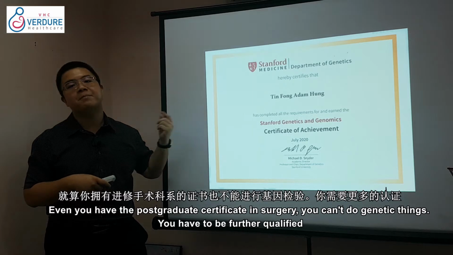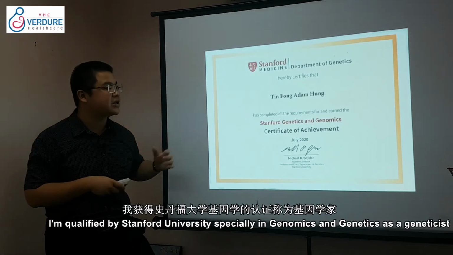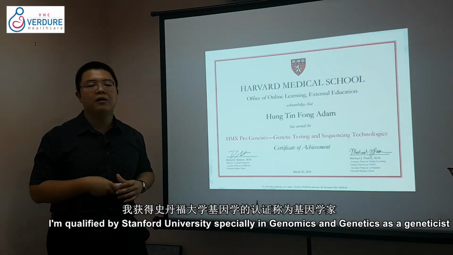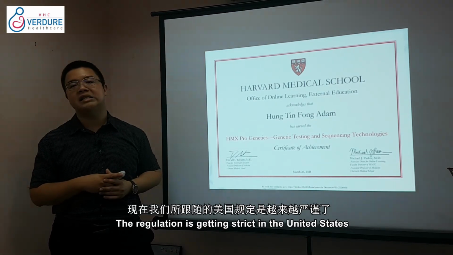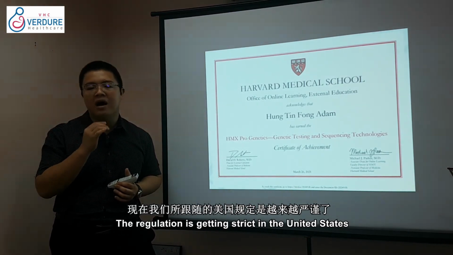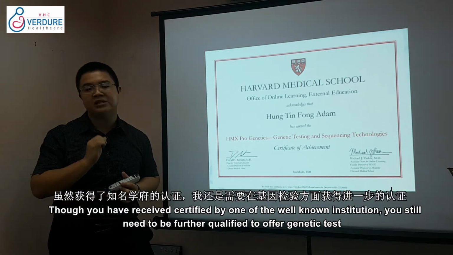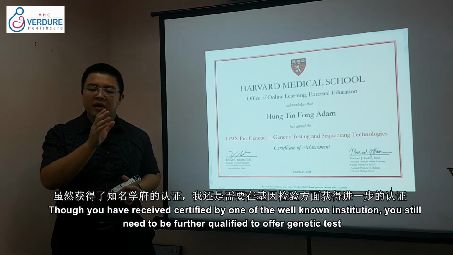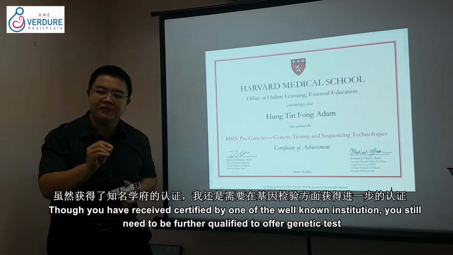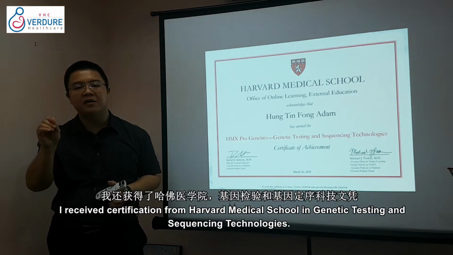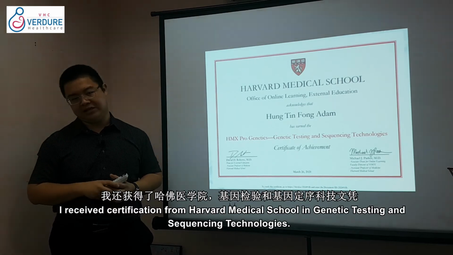You have to be further qualified. And I'm qualified by Stanford University as a geneticist. Furthermore, because the regulations are getting even stricter, at least in the United States, even if you are a geneticist, properly certified that way, if you want to offer people genetic testing, you have to be further qualified as a point of testing specialist.